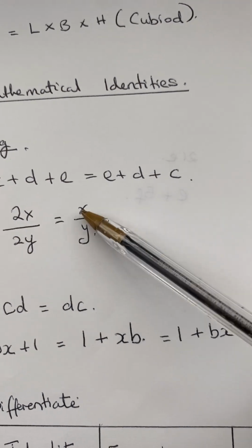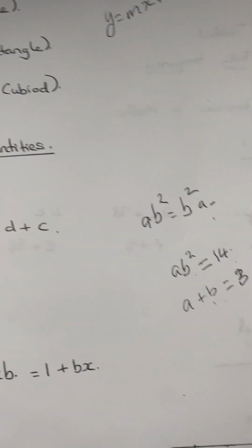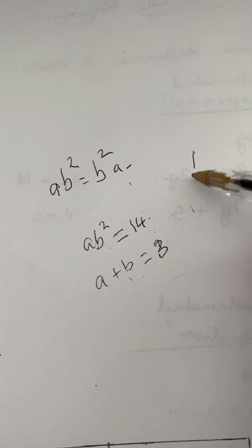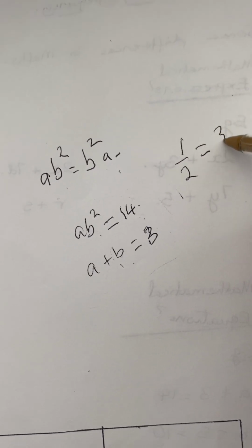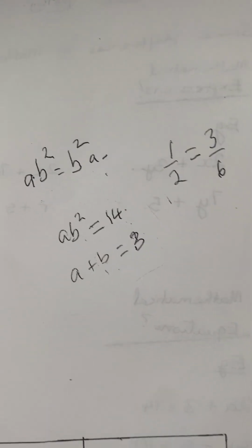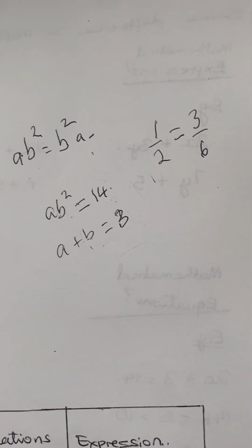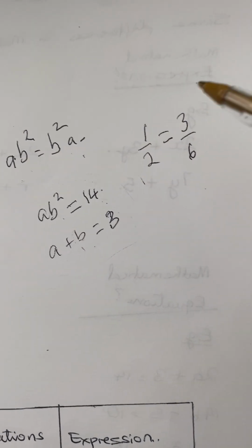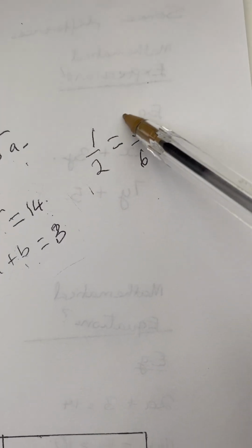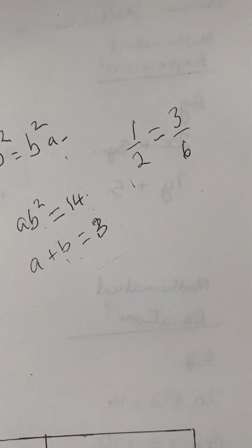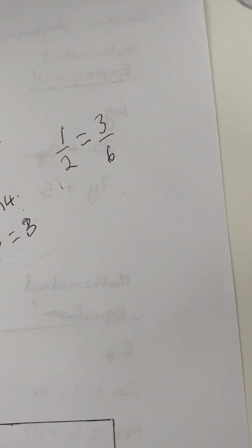So this and this are the same. It's like saying half equals 3 over 6. It's the same, they are identical. So I can either use half or use 3 over 6, depending on what I want to do.